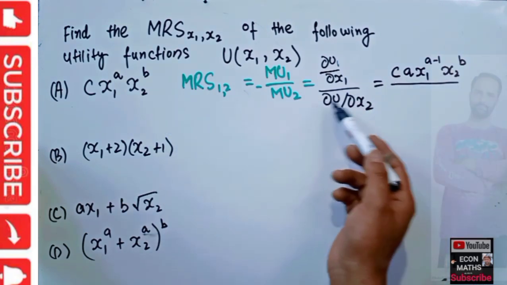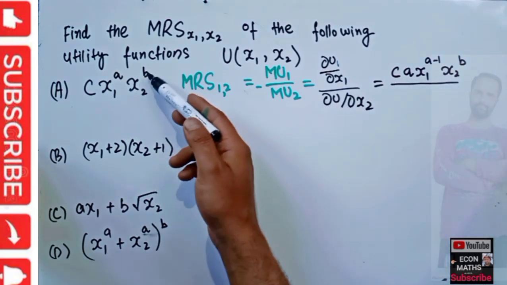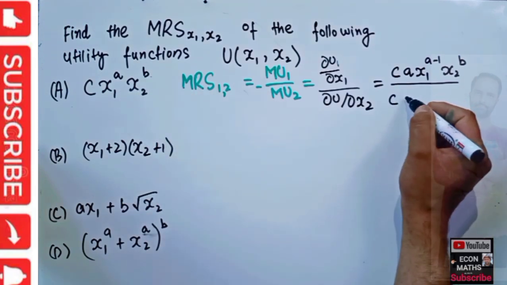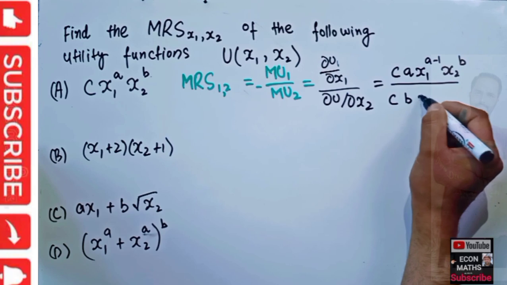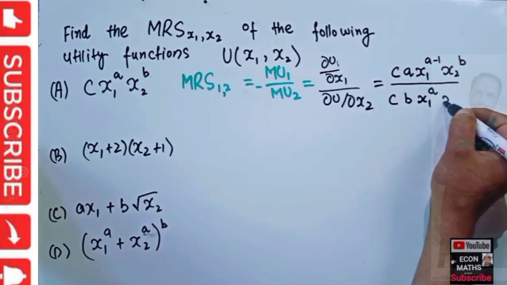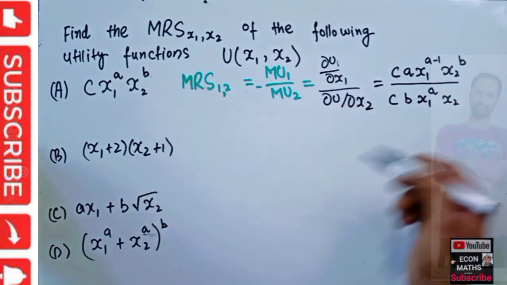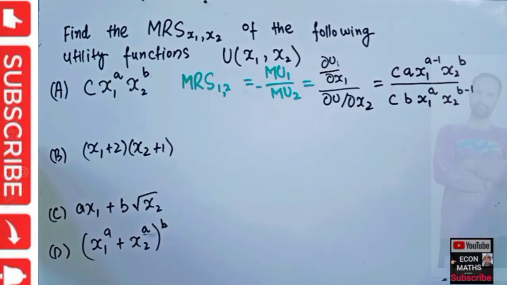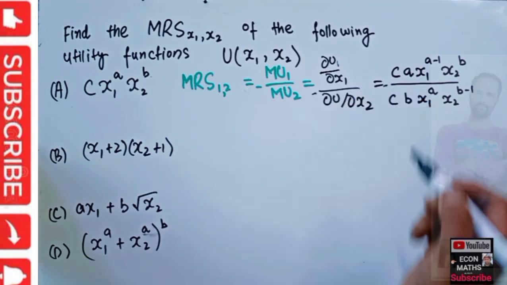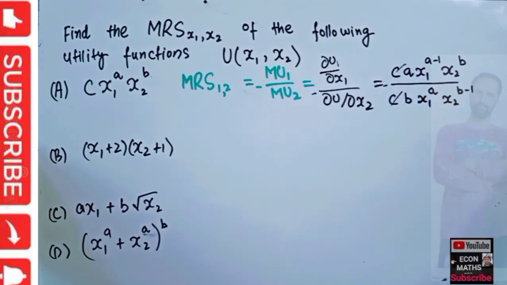And if I take du upon dx2, again the exponent b will become the coefficient, so we will have c and then b. X1 will remain the same because we are taking partials here, and x2 to the power b minus 1. So let us write here, c and c will get cancelled.